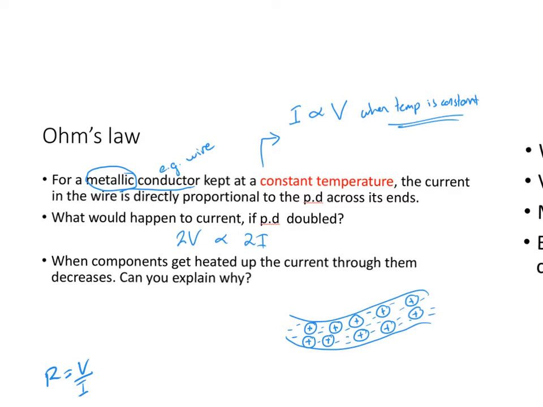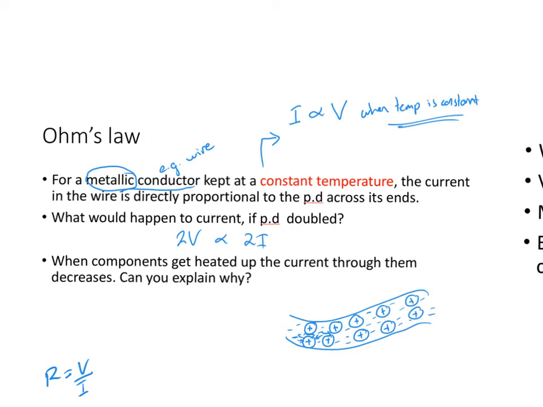Now, if I pass a current through it, these electrons will keep moving around in a haphazard way, constantly. And these collisions, like if you start playing with a basketball and you keep bouncing it on the floor, eventually it will feel hot to the touch. So that friction, those collisions cause heat, and the wire eventually starts heating up.